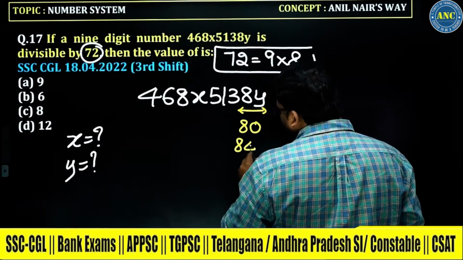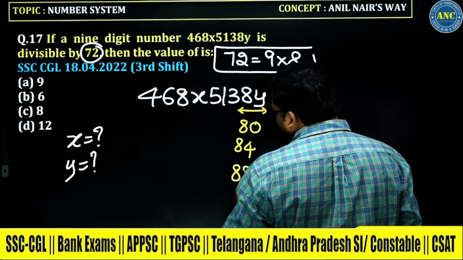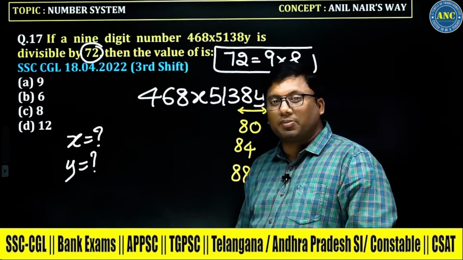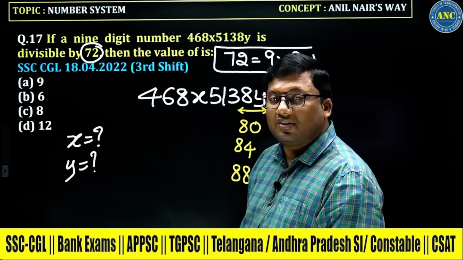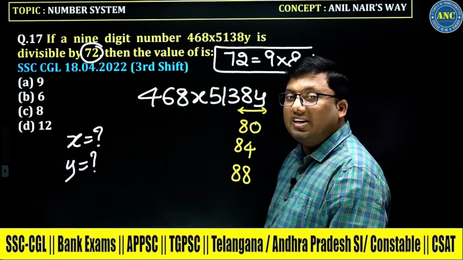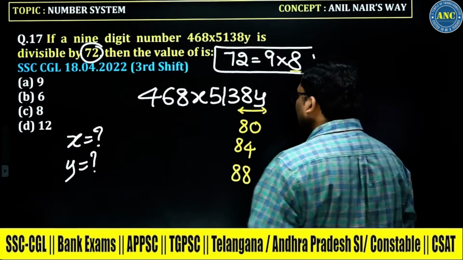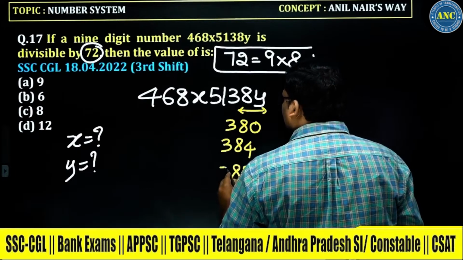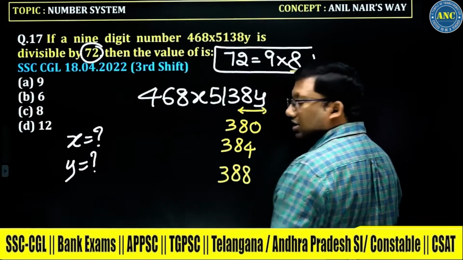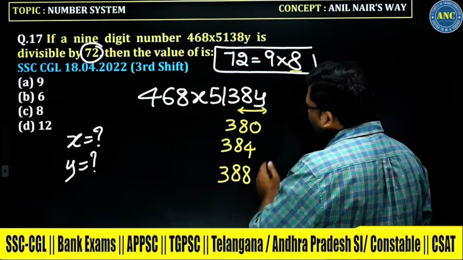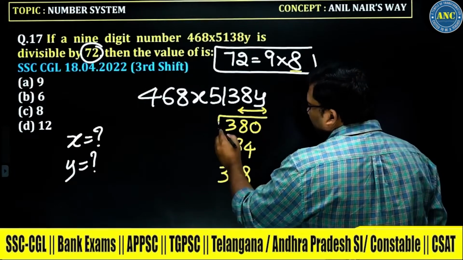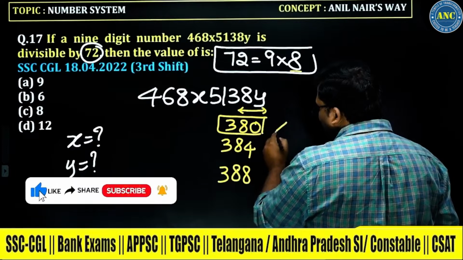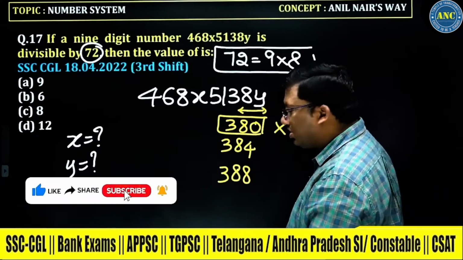80, 84, 88. These are all the possibilities. 82 is not possible because it is not divisible by 4. 86 is not possible. That means this can be 380, 384, or 388. Which number is divisible by 8? 8 fours are 32, 60. 8 sevens are 56, 8 eights are 64.